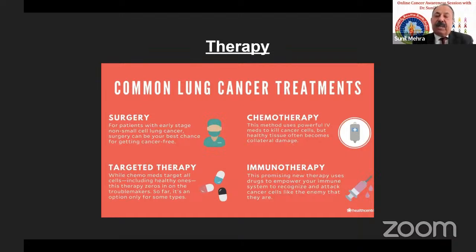As pulmonary doctors, me, Dr. Bade, etc., we diagnose the case, whether by CT-guided biopsy or bronchoscopy, and if it's stage 1 or stage 2, we send the patient to surgery. If it's small cell cancer, surgery has no role. It's mostly chemotherapy, or immunotherapy in certain cases, and it has definitely prolonged life in the last few years. So these are the 2 advancements you want to remember: immunotherapy and targeted therapy. Next slide.